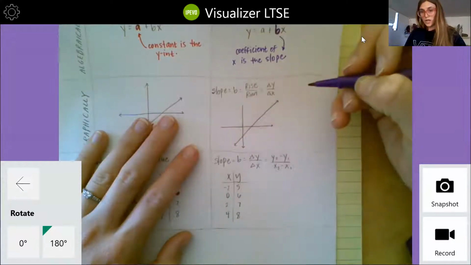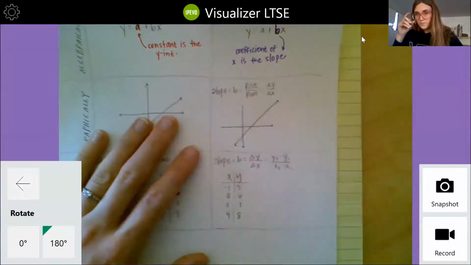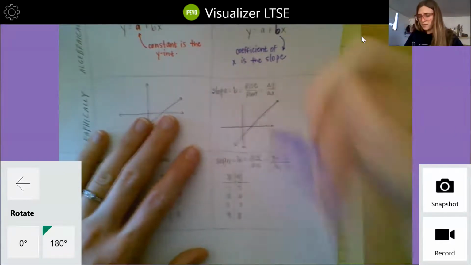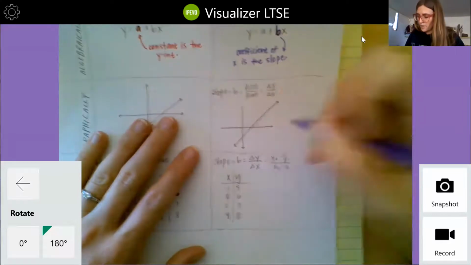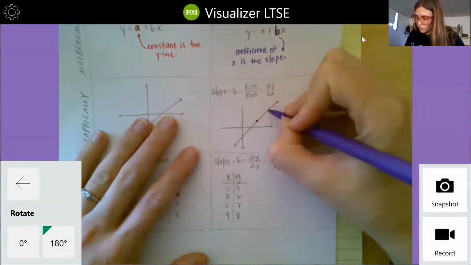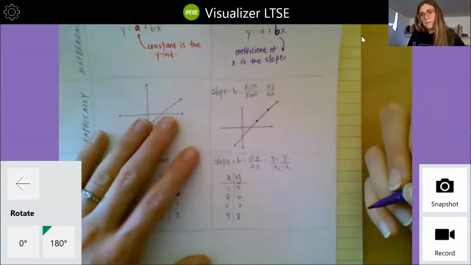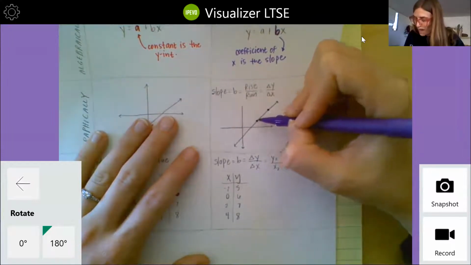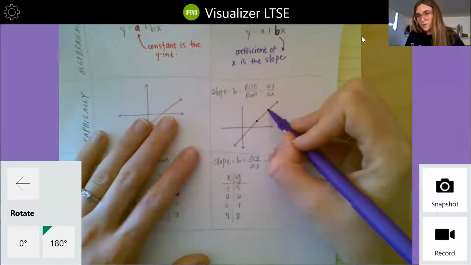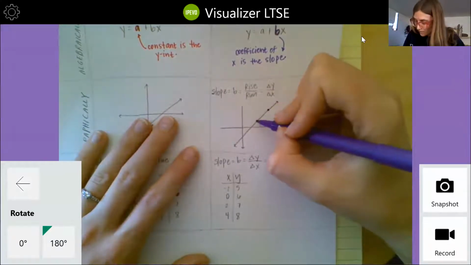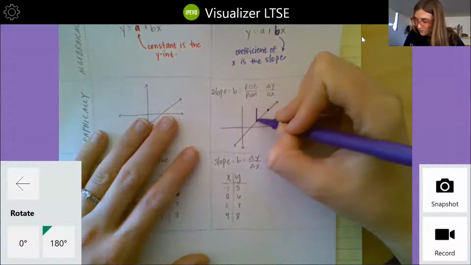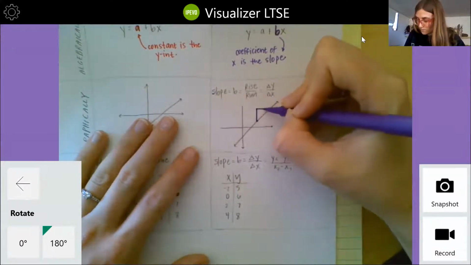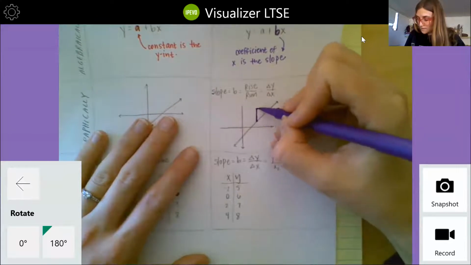If I have to find the slope given a graph, I'm going to pick 2 points on my line and look at how I'm going to move from here to here. I'd have to go up, rise first, and then run.